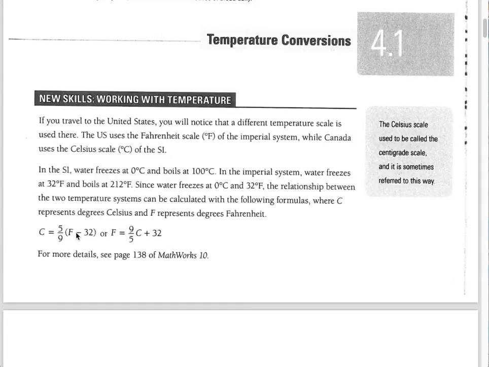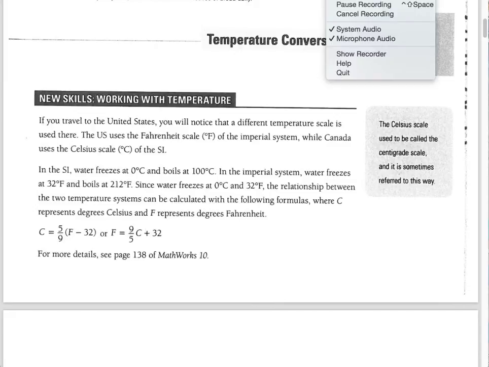If you're in Fahrenheit, you stick in your Fahrenheit value here, take away 32, and whatever your answer is, multiply by 5/9. That will give you C. However, if you're trying to convert to Fahrenheit and you have Celsius, you put your Celsius value in here, multiply it by 9/5, and then add 32. So these formulas are sort of the exact opposite of each other.